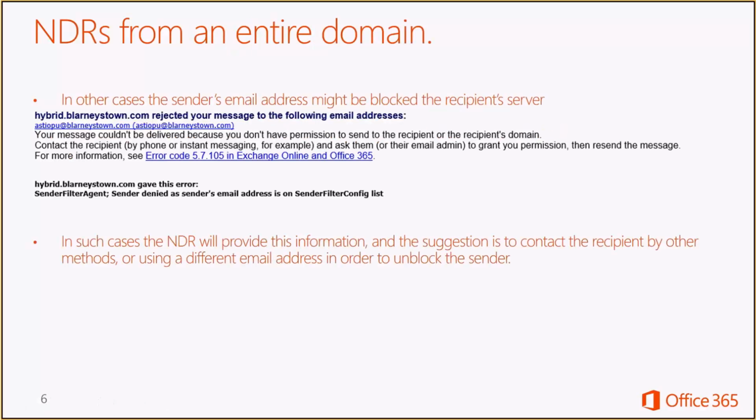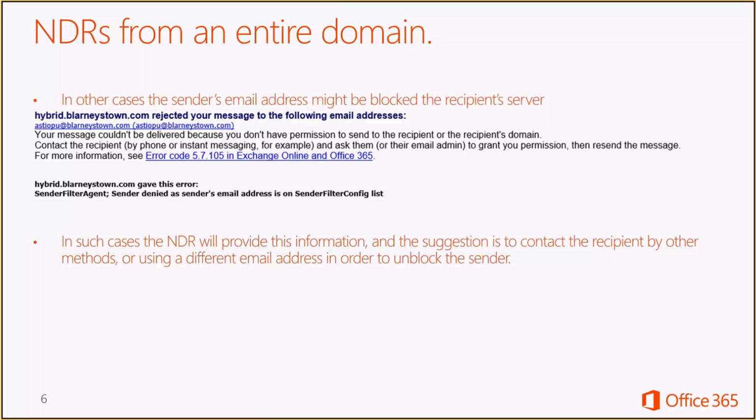Okay, and now we're going to get into some more complicated stuff. For instance, we might find that emails sent from a single sender are blocked by an entire domain, while other senders do not have this issue.